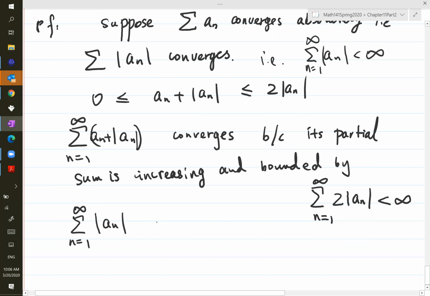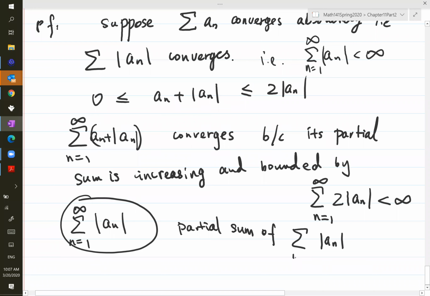Partial sum, it's the partial sum for the series. This series, it's the partial sum of this thing. It's also convergent, converges. Now this is finite. When we deal with finite sums, then we can switch the order.